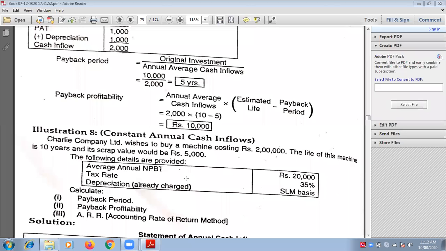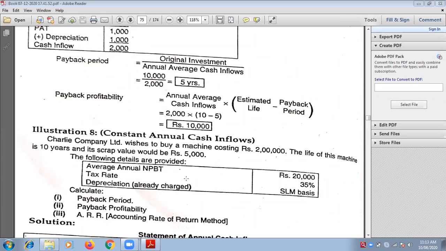Now, right from net profit before tax, you can start your sum, because the first step is to calculate CI when we are calculating payback period. So, for calculating CI, you need to follow the steps: sales minus COGS. You get net profit before depreciation, less depreciation, and then you get net profit after depreciation and before tax.